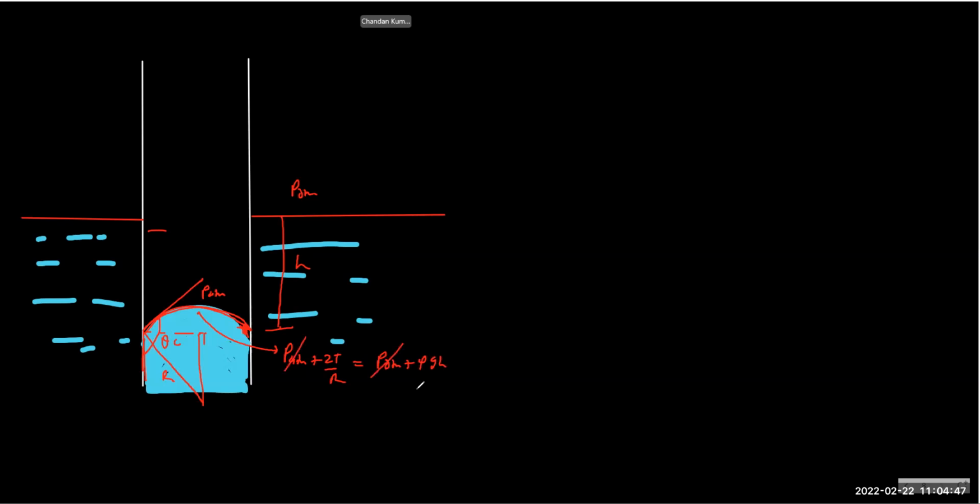And so a similar answer, but now this time it is a fall. So what you need to remember is that pressure on the concave side is more than pressure on the convex side, and the value we can calculate for different situations. So this is how you can solve the question.